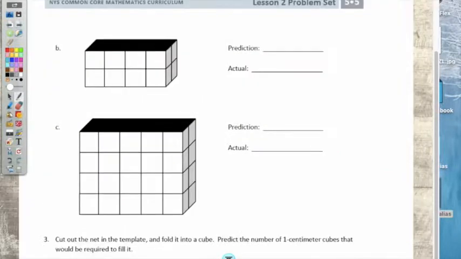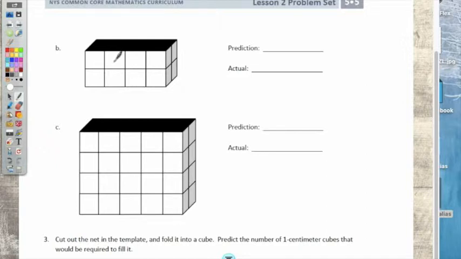Okay, same thing again, just a different rectangular prism. Eyes on B. Okay, a prediction, Jocelyn, for how many cubes are in this figure? 16.